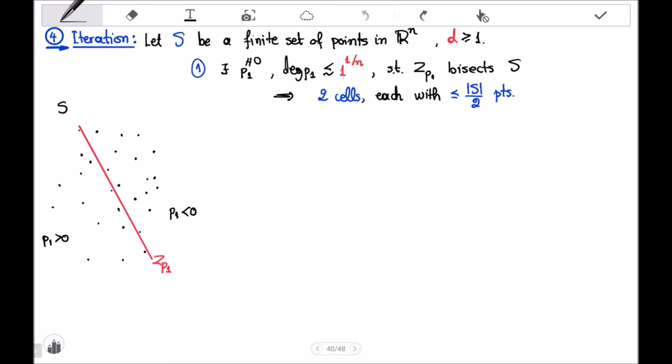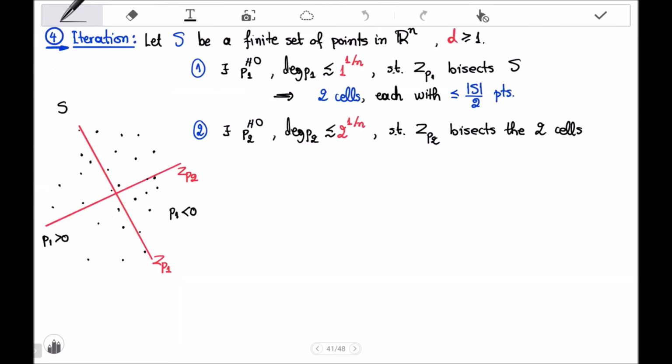And now we have two cells from this first step. We will bisect both simultaneously with the zero set of a very low degree polynomial. What degree? At most the number of sets, that's 2 to the 1 over n. So that's what I'm writing here. There exists a polynomial P2 of very low degree, at most the number of previous cells to the 1 over n, that bisects both cells.